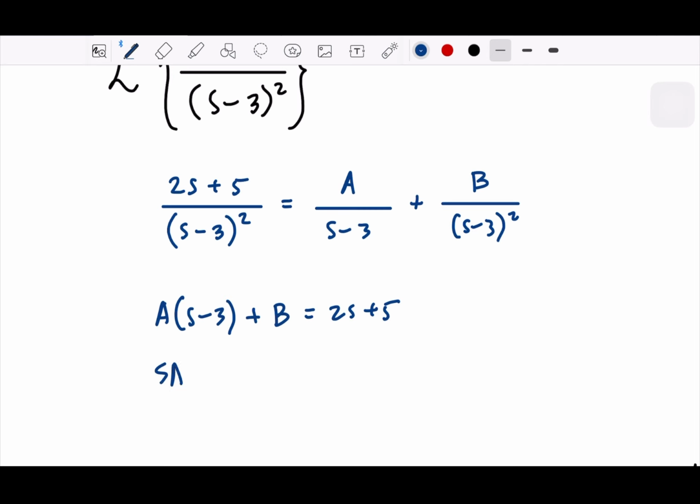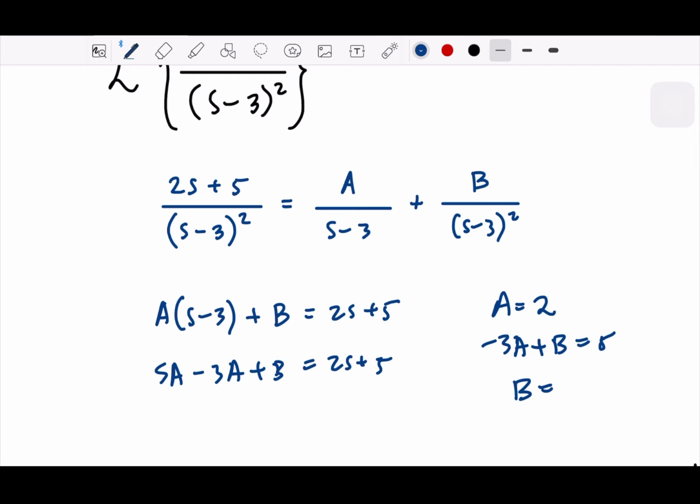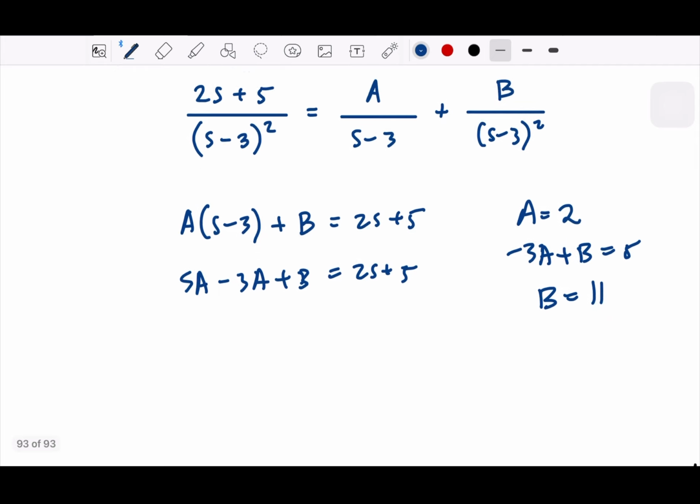So As minus 3A plus B. We know that A is 2, and minus 3A plus B is 5. So B is minus 6, plus 6, no, plus 5 plus 6, it's 11.